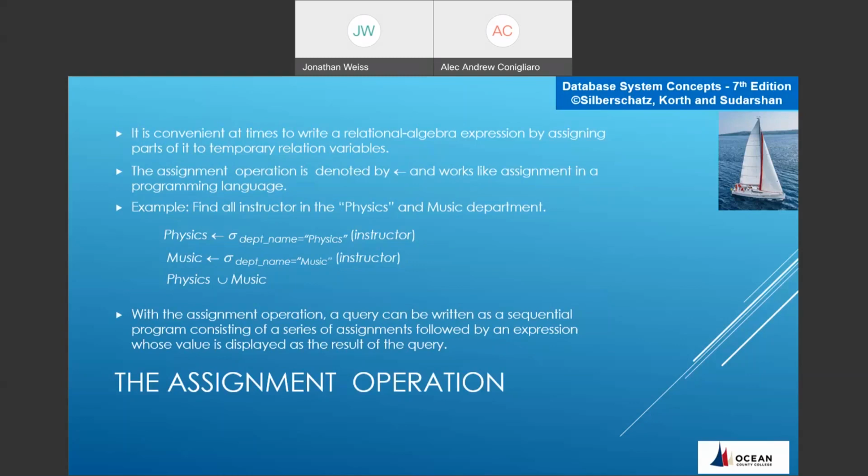The way we represent that is with this arrow. That's kind of an assignment, like you do in programming. And then we can do a further operation on those two things. We can do physics union music to find out which instructors teach either physics or music. So that's the assignment operation.